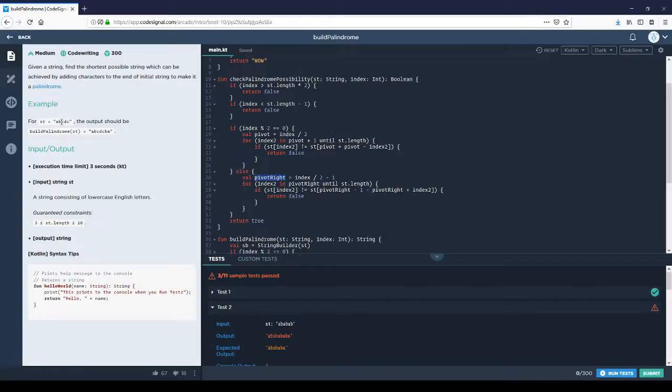So pivot right would be index divided by 2, which is this index. And so that would be pivot left, and pivot right would be +1.